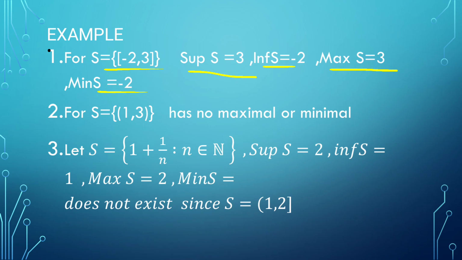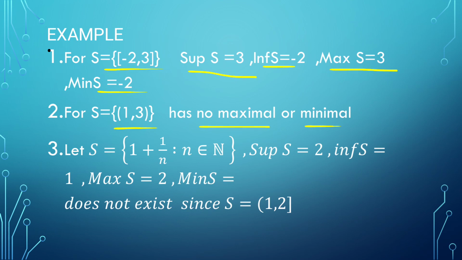But if this one is an open set, it will mean that it can go less than 1, it can even go more than 3, and therefore in this case you can't trace the minimal and the maximal element of this.